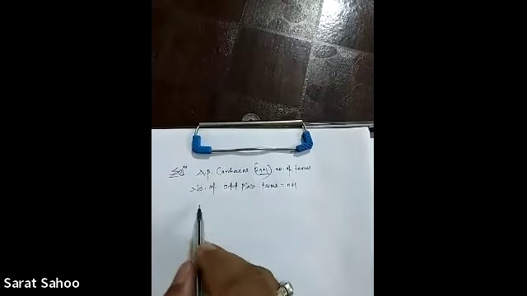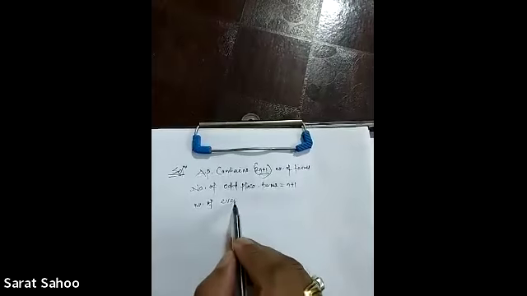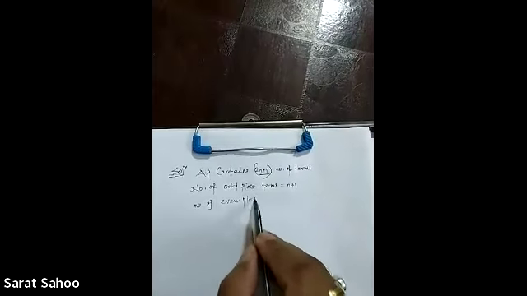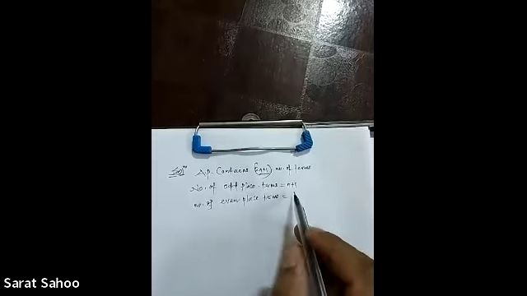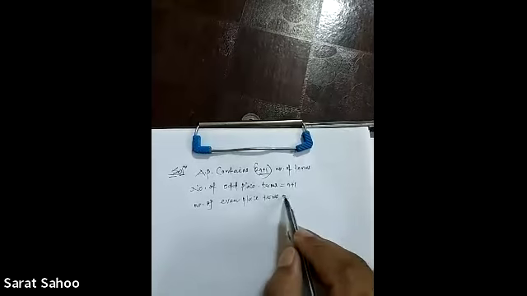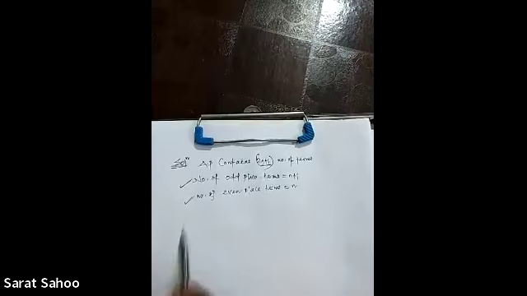And the number of even place terms is equal to n. So, odd place terms determine an AP and even place terms also determine an AP.